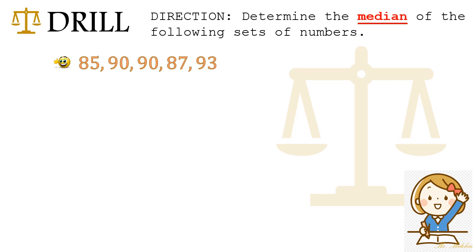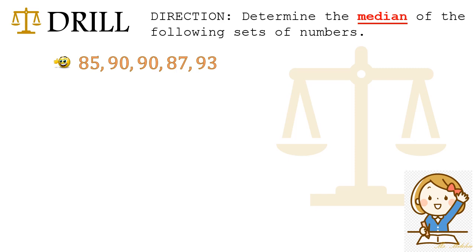Let's say I'm going to arrange this in ascending order, and identify the value in the middle position of this set of data. As you can see, we have 5 scores. Arranged in ascending order, we would have 85, 87, 90, 90, 93.